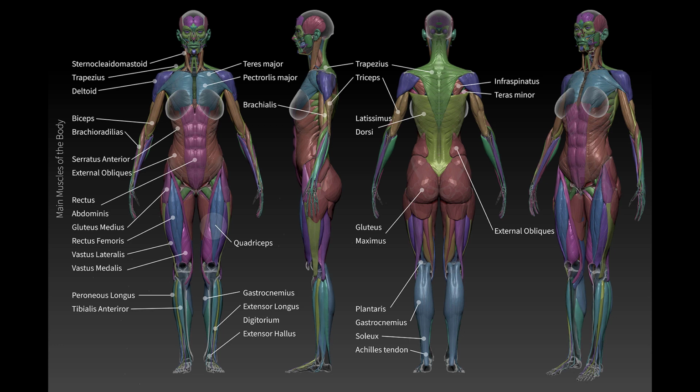That, in association with knowing the muscle groups of the body, is also of maximum importance for you to know where those muscles lay, where they connect to the bones. All these things hand in hand help you as an anatomy sculptor inside ZBrush.